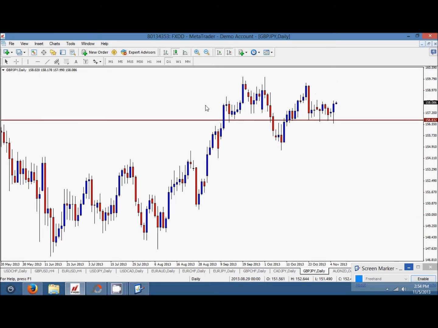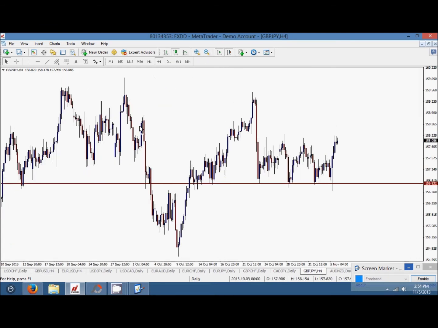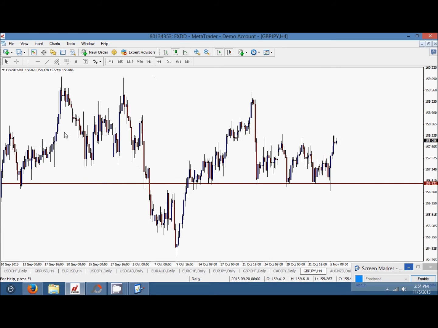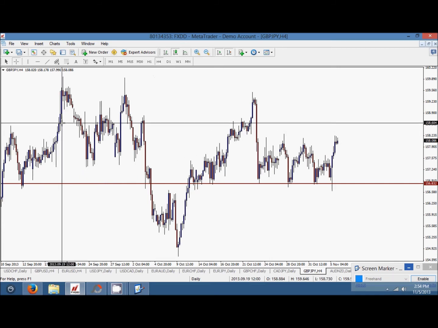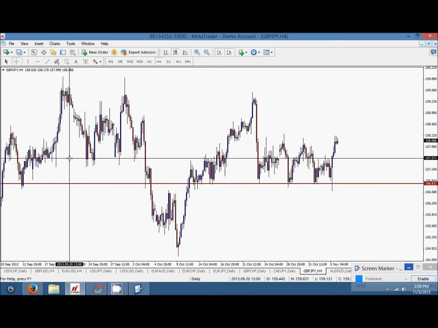Now I'm just going to take a look at the 4-hour chart just to get a look at things. As we can see, there's a lot of traffic on the 4-hour chart right here, which is not ideal.